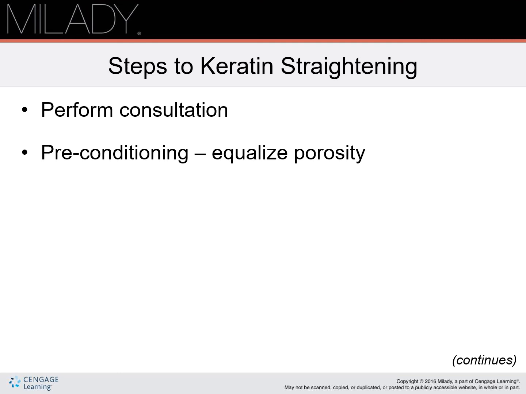You need to discuss the following with the client. Their recent hair history, including all chemical treatments that may still be on their hair, and any products that they use. And when you have a conversation with your client, this is where we use our knowledge. What is your recent hair history?